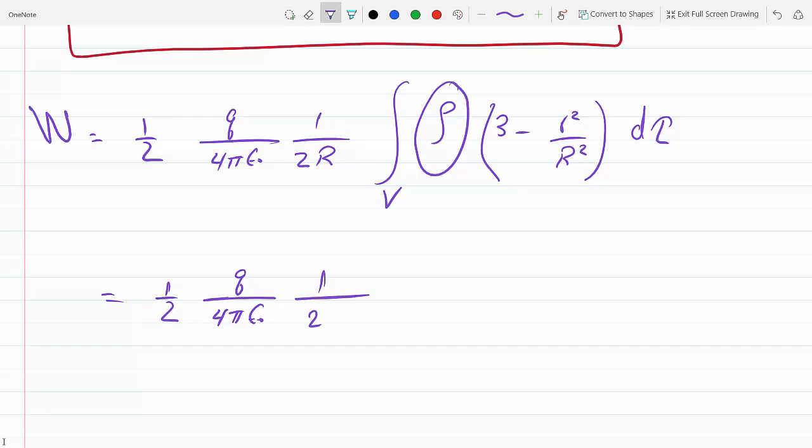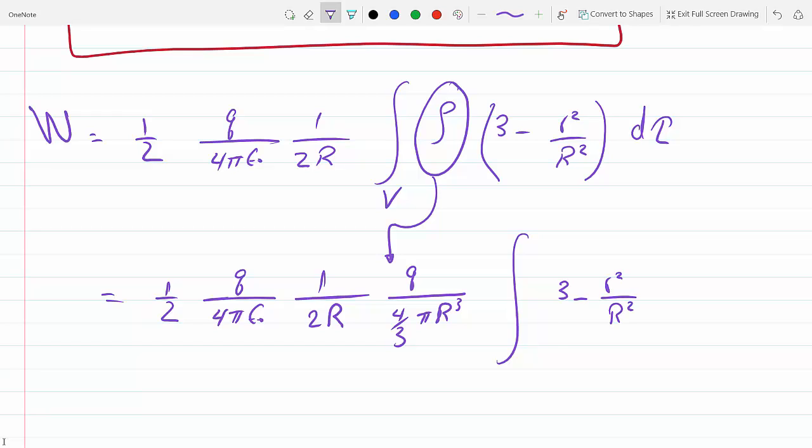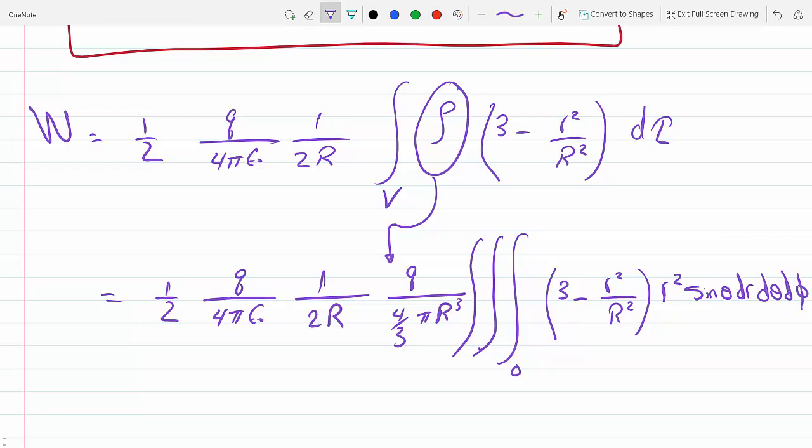This is constant uniform charge density, so I'm going to pull this out here, and this is just Q over 4/3 pi R cubed, and we have here 3 minus r squared over R squared times r squared sine theta dr d theta d phi, and we have a triple integral with r going from 0 to R to encompass the entire sphere.